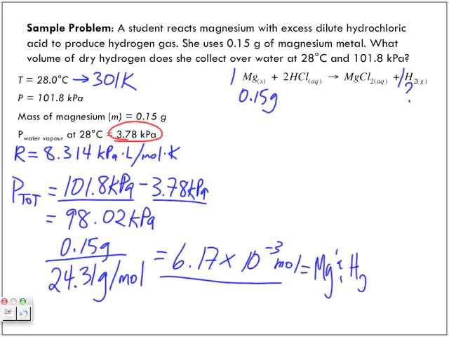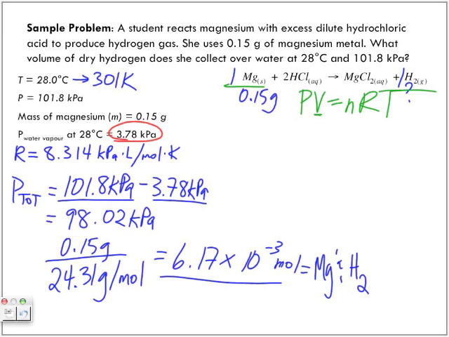Now we can use our gas law, PV equals nRT, to find our volume. Since it's a 1-to-1 ratio between magnesium and hydrogen, we don't need to worry about any other calculation.